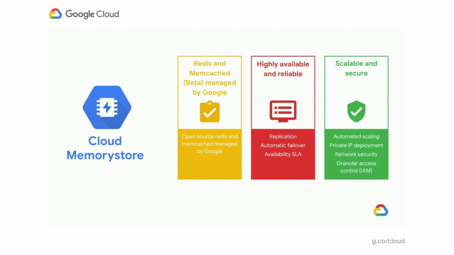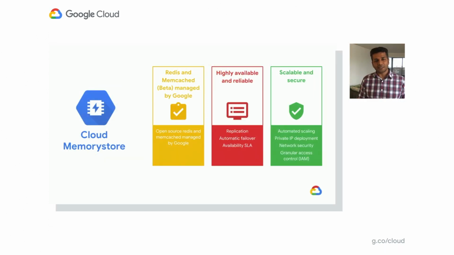So if you were to do it yourself, you would have to maintain a proxy layer, manage all the VMs, and make sure that you patch the VMs, etc. With Memorystore, we take care of all that for you with our own health checks, automatic failover, monitoring, etc. On top of that, you get Google Cloud security, where we ensure that the infrastructure is deployed in a very secure environment, where we use private IPs and you have restricted access to specific networks.